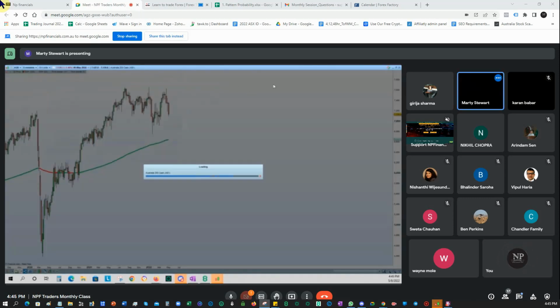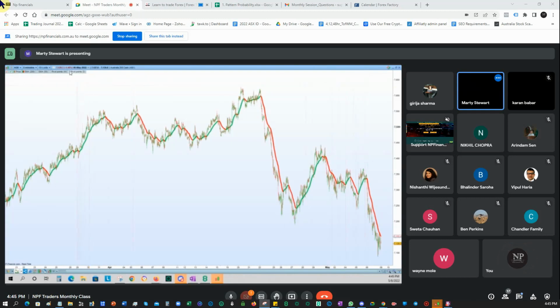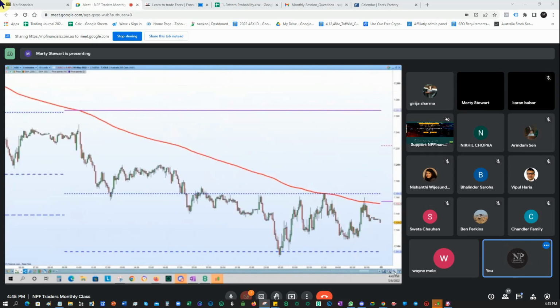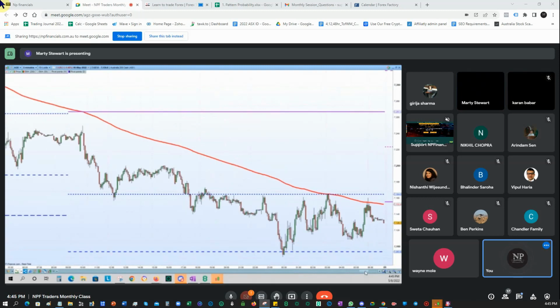Okay. This is a 5-minute chart. They are daily pivots.